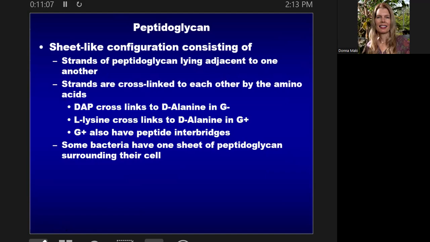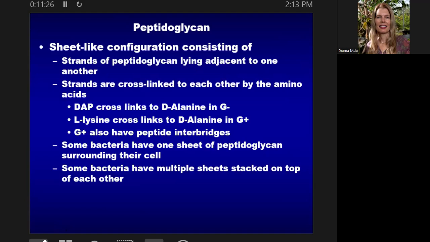So gram-positive sometimes put a little extra flavor on how they build their peptide cross links there. And then gram-negatives tend to have basically 1 sheet of peptidoglycan and call it good. And then of course they build that fancy outer membrane. But gram-positives tend to have many, many sheets of peptidoglycan stacked on top of each other, all surrounding the cell.